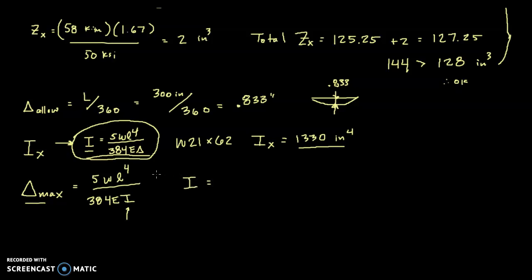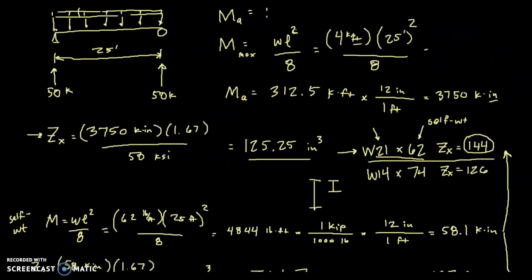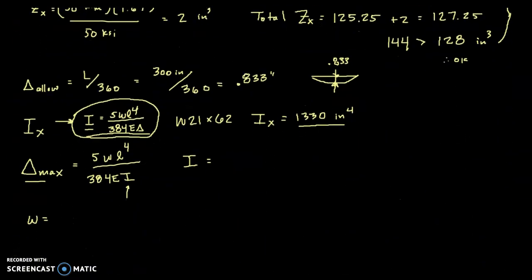It's going to be 5WL to the fourth over 384 EI. Now, what is our W? Our W, as given to us in the problem statement, was 4 kips per foot. So we've got 4 kips per foot, but we also have the self-weight of our beam. Because we chose a W21 by 62, the self-weight is 62 pounds per foot.